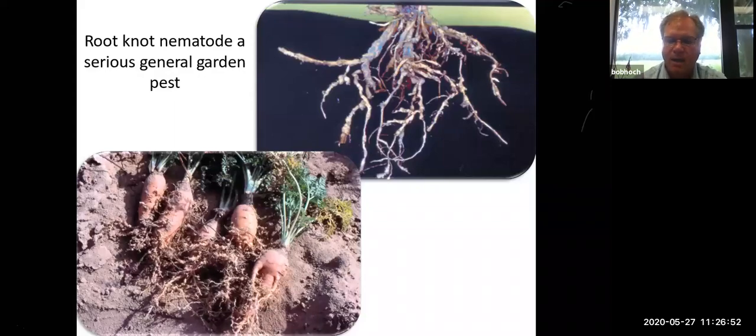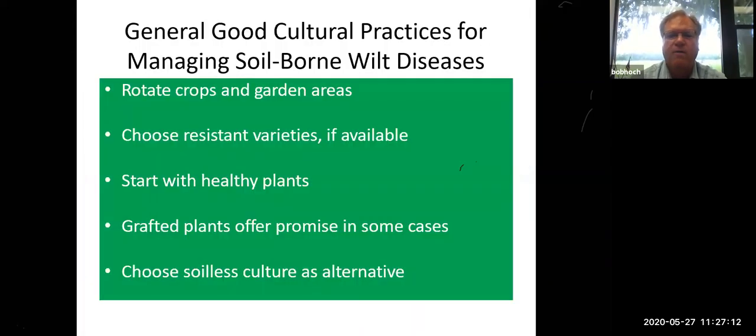We can help by increasing the organic matter. We can help maybe, if there's a period of time when we can solarize the garden with clear plastic. I won't go into a lot of detail on that, or if we can rotate, even better. But if we stay in that same area and don't deal with it, this is one that can really become a serious problem and force you to move off of that particular area. So for the soil-borne wilt types of diseases, rotation is a key thing.